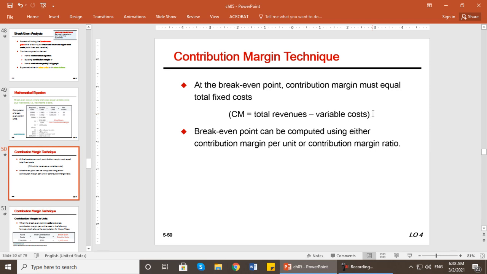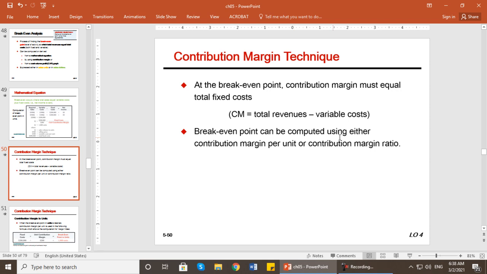Must be 0 contribution. Contribution margin must equal total fixed cost. Contribution margin: total revenues minus variable cost equals contribution margin.